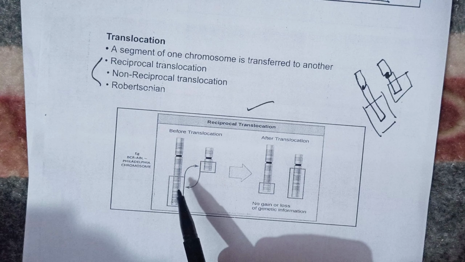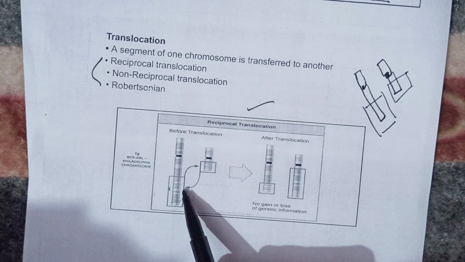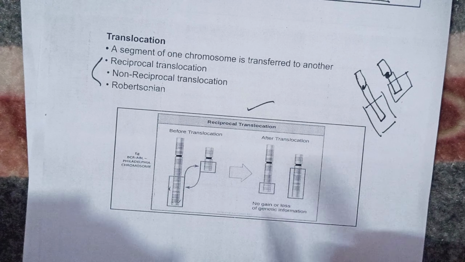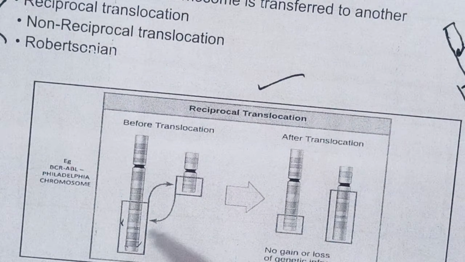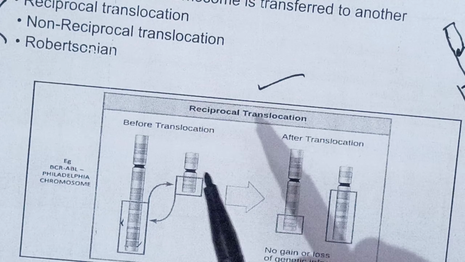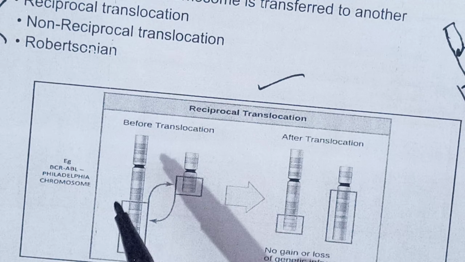Reciprocal translocation is very simple, beta. Look, this is a segment of a chromosome and this is a segment of another chromosome. These are two different chromosomes, beta. This segment from this chromosome and this segment from the other chromosome are exchanged.